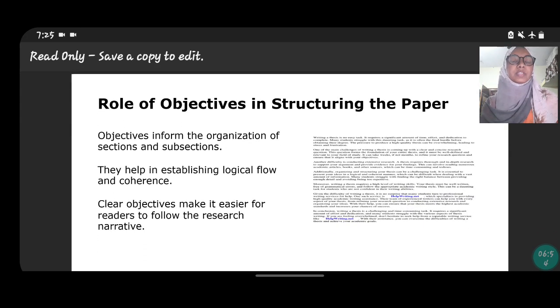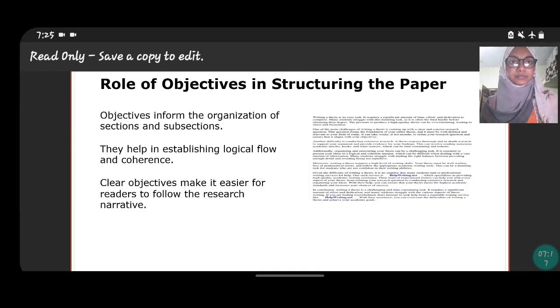So, the role of objectives in structuring the paper. What is the role? Objectives inform the organization of sections and subsections. They help in establishing logical flow and coherence. Clear objectives make it easier for readers to follow the research narrative.